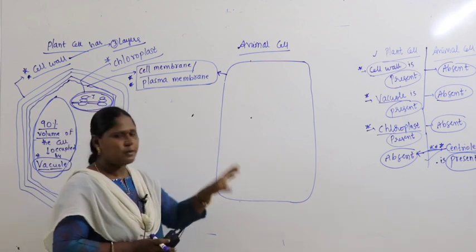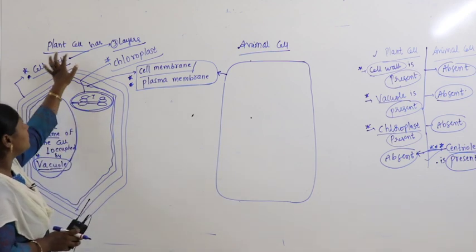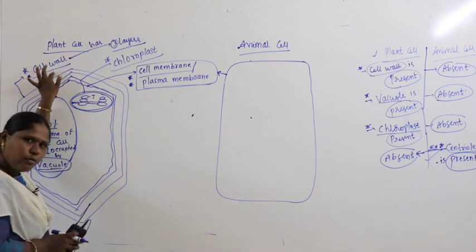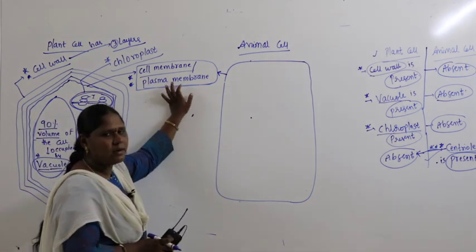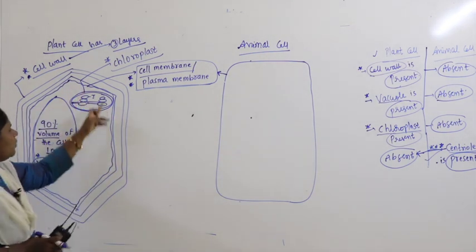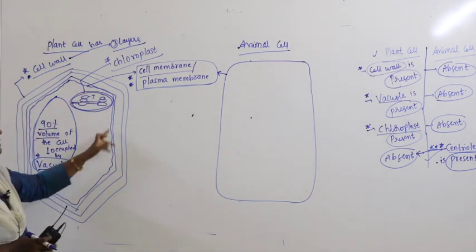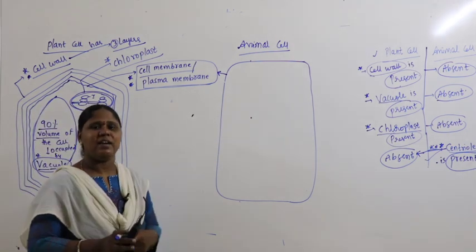But what is the expected question here? For the outermost layer of a plant cell, the answer is cell wall. The outermost layer of an animal cell is the cell membrane or plasma membrane. The second layer of a plant cell is the plasma membrane, which is the outermost layer of an animal cell.